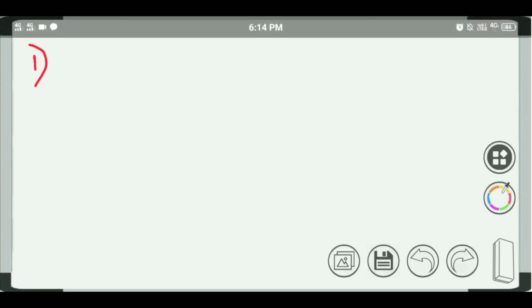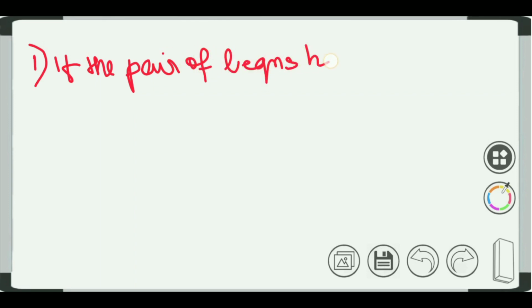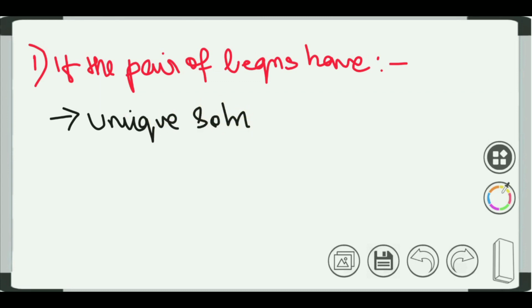Okay, write this down. Point number 1. If the pair of linear equations have unique solution, that is our condition number 1, it will be consistent.